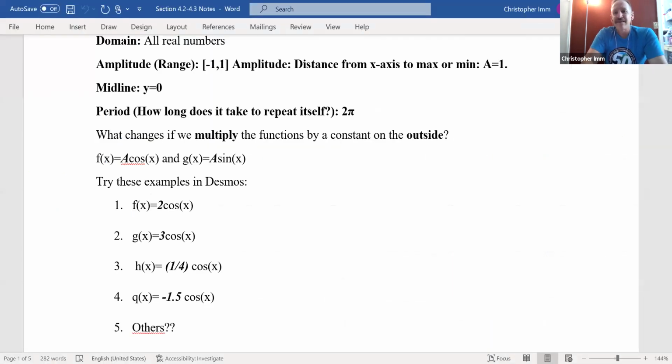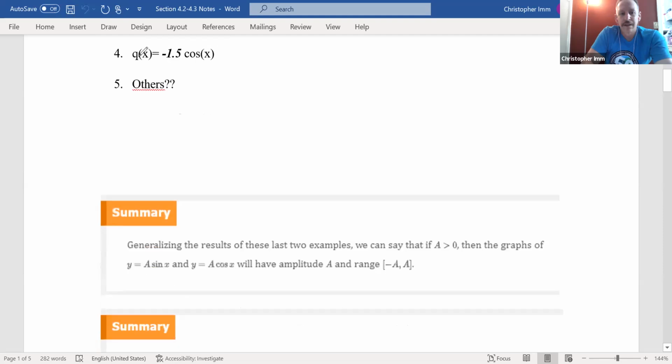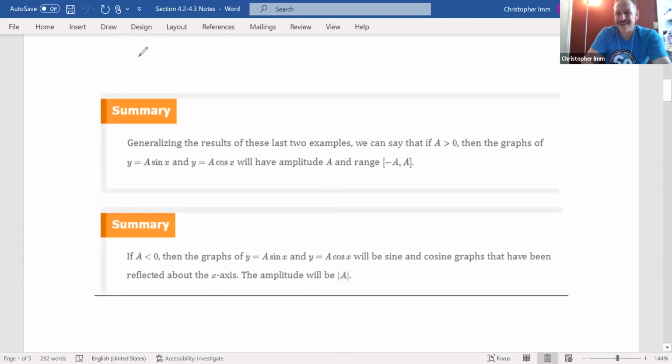That's great. So we looked at these examples, and I think that we'd all agree, hopefully, that in summary, so this is from your textbook, the amplitude is just really going to change when we multiply the function by a factor. So it's an outside multiplier. That's what we call it. If we take a sine or a cosine times a, it's going to affect the range, right?